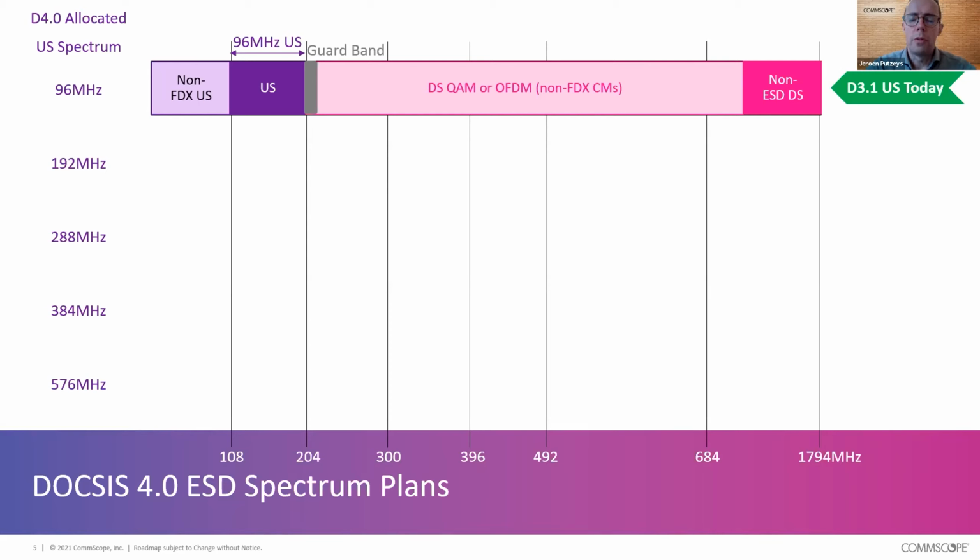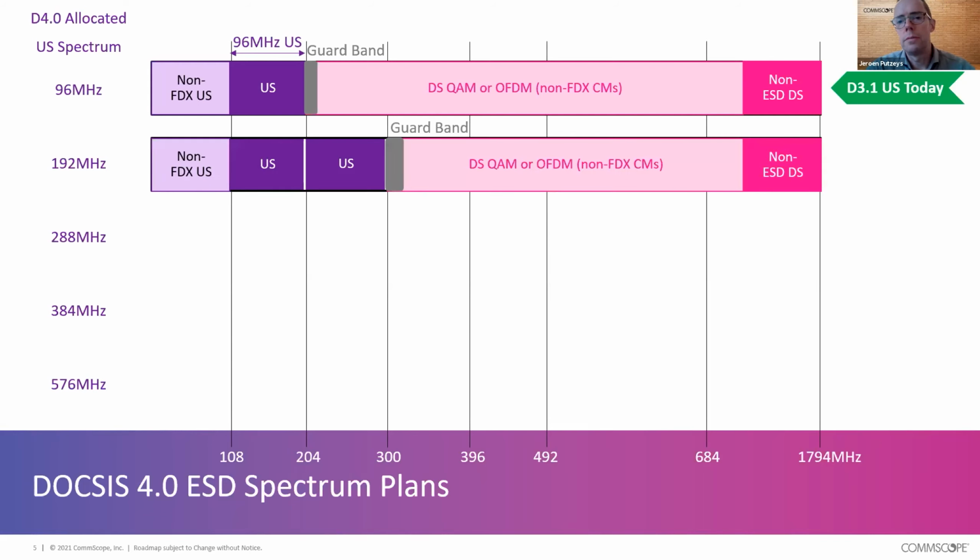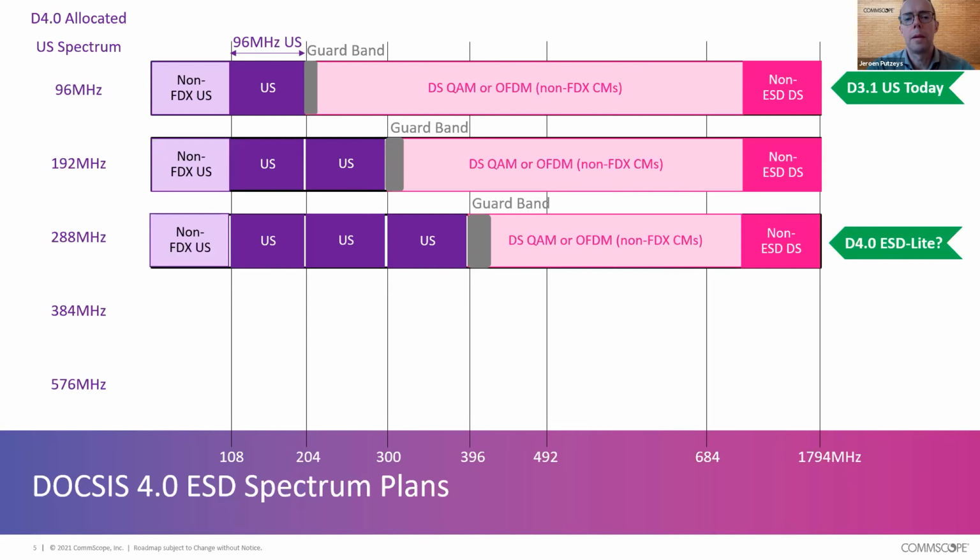DOCSIS 4.0, ESD in particular, does allow for a gradual migration of the upstream spectrum. So, for example, operators that are deploying a 204 megahertz plant today may wish to add additional 96 megahertz parts of upstream spectrum to their plans going forward over time, as and when bandwidth and capacity demands call for it. So that is definitely possible.